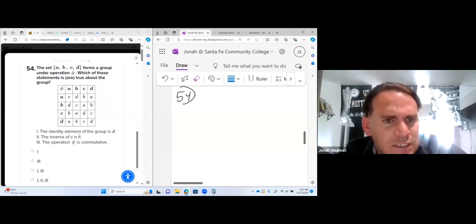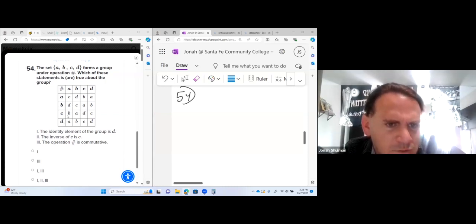The inverse of C is C. So that means the opposite of C is also C. So what does that mean? So this means for C, A to A, B to B. E to D doesn't make it.